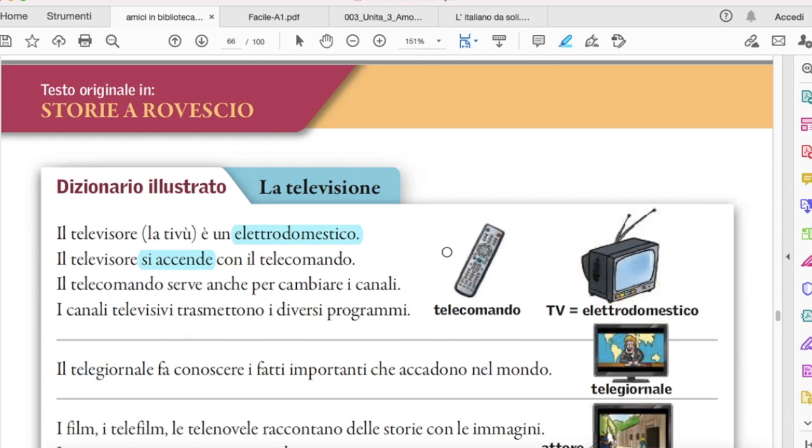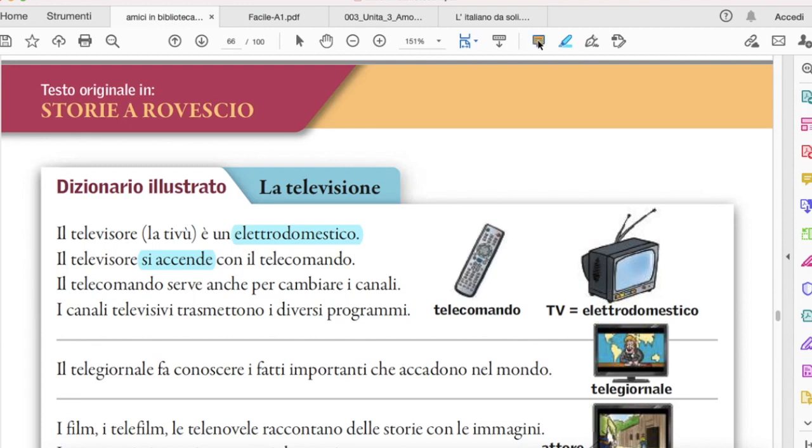The only reason why here it's reflexive, guys, is because the subject of this sentence is televisore. So, in other words, when we ascribe a performance to something that is an object, then the verb tends to be reflexive. Il televisore si accende con il telecomando.